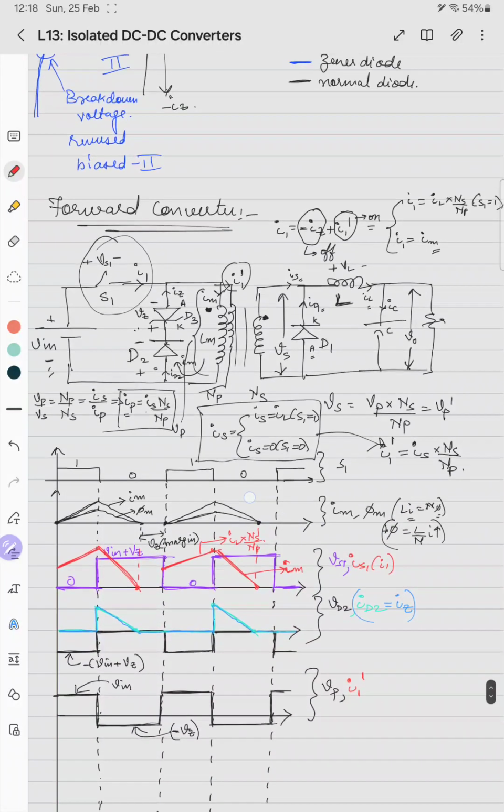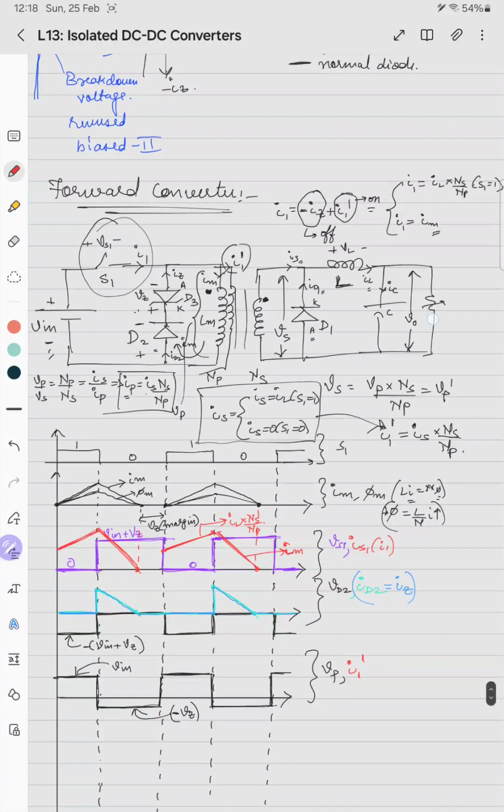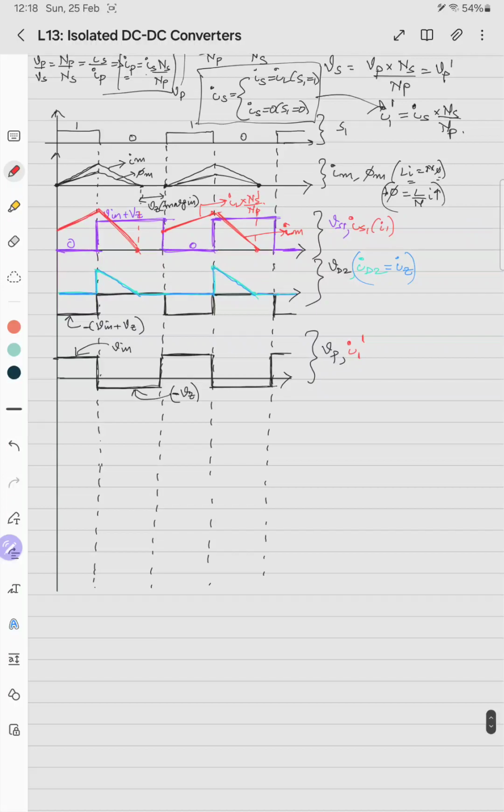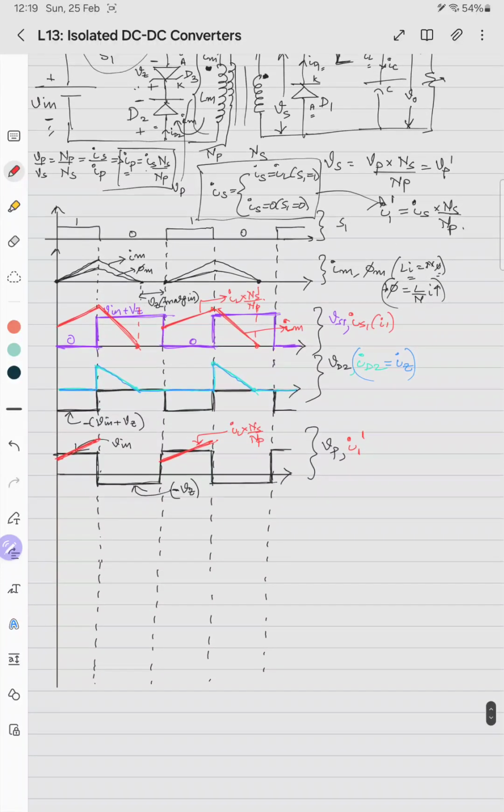I1 dash equals IL into NS by NP when S1 is on, so the same waveform should come here. That was I1 dash.